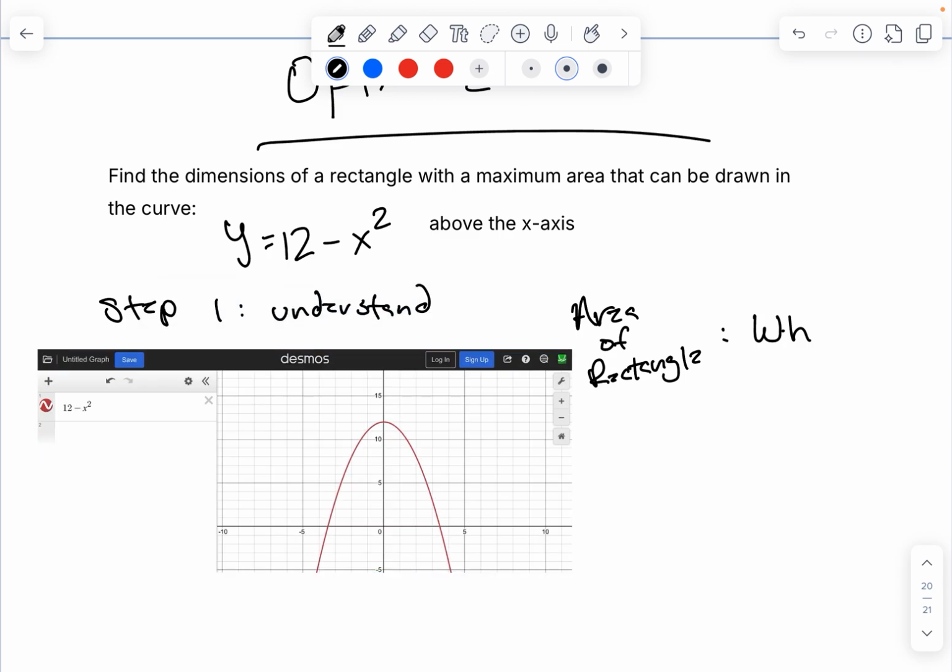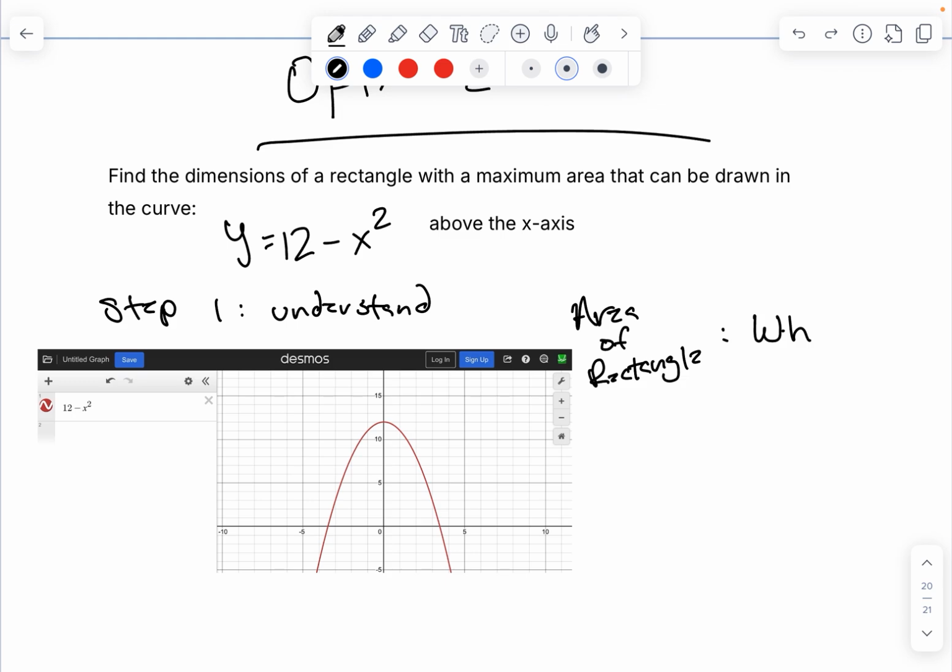So we are trying to find the biggest rectangle area under this curve right here and above the x-axis, within this dome looking shape. So first thing, let's try to relate it to problems of the area of a rectangle.